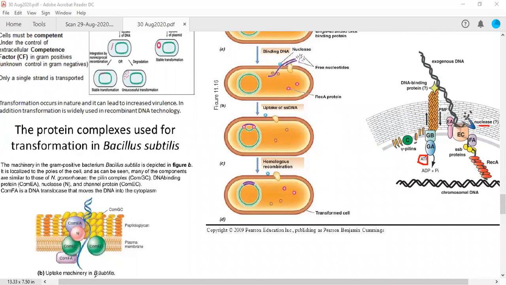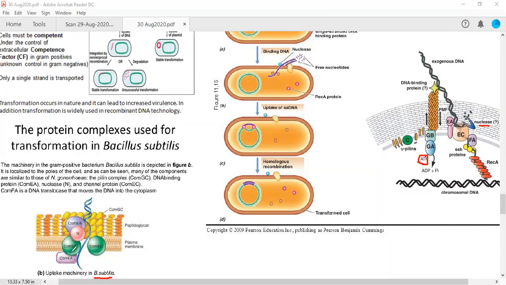This is for Bacillus subtilis, which is a gram-positive bacteria. It is also showing a nuclease, which will degrade one strand, and the proteins ComGC and ComEA, which will help in binding this double-stranded fragment of DNA to the bacterial cell.